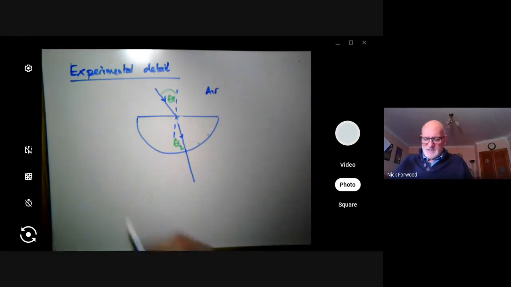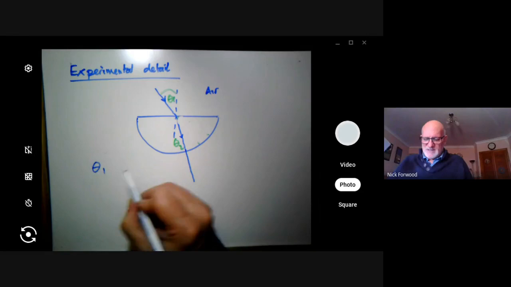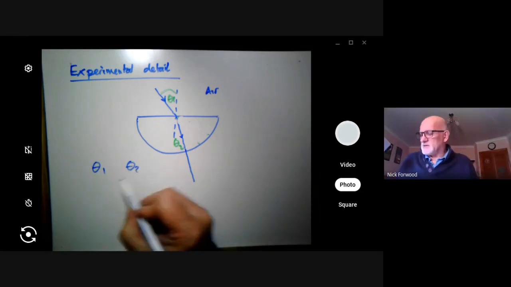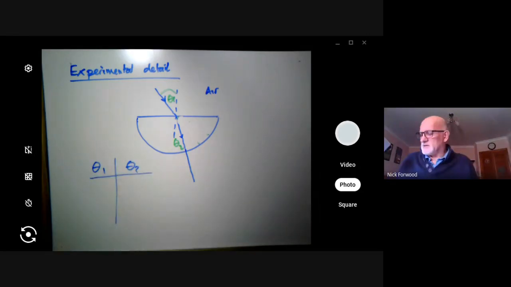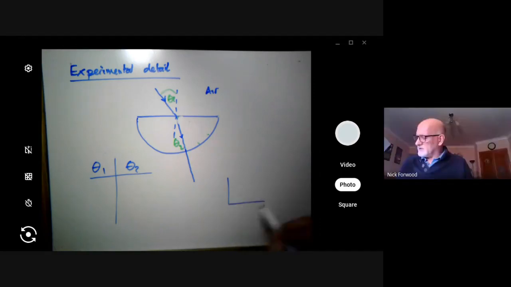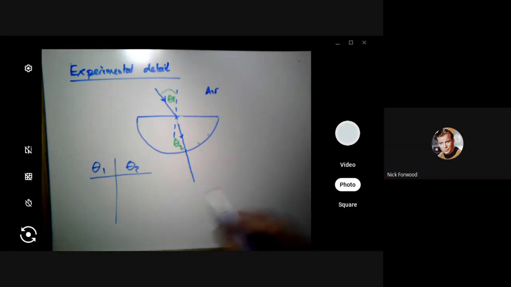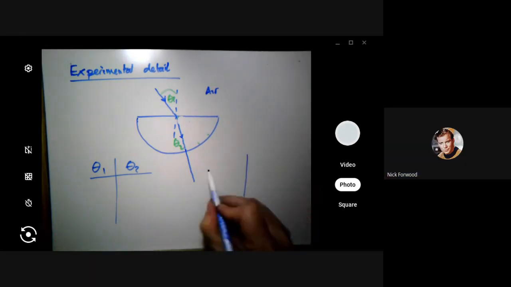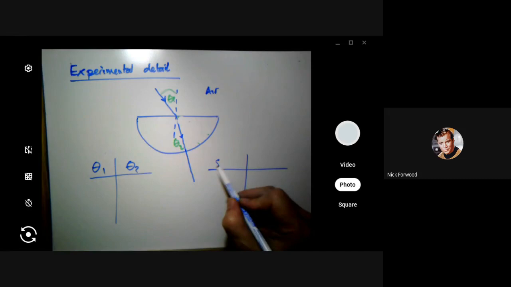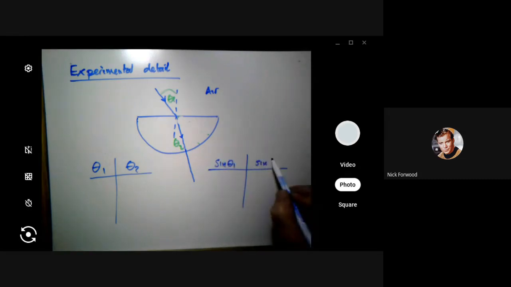You build up a table of θ1 and θ2, and if you were to plot θ1 and θ2, as I mentioned earlier, you'd just get this graph that goes off and ends up in a curve, and that's no use. So we then change our table into sine θ1 and sine θ2.